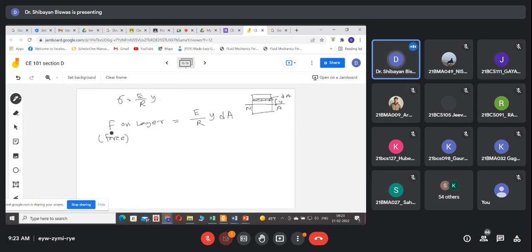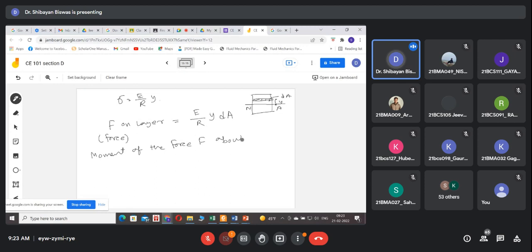Now if we want to see how much moment of that force is acting, the moment of that force F about NA, that is the neutral axis, is E by R into Y into dA into Y, that is E by R Y squared dA.